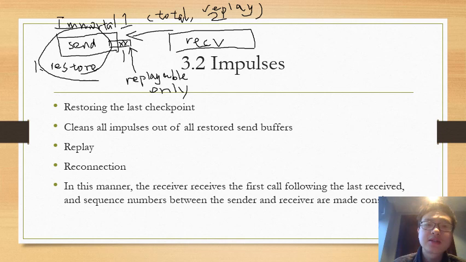After receiving this tuple from Immortal 2, Immortal 1 will start another replay from the call following the last received replayable message and set its total sequence number for that message to 1 plus the received total sequence number. In this manner, the receiver will receive the first call following the last received, and the sequence numbers between the sender and receiver are made consistent.